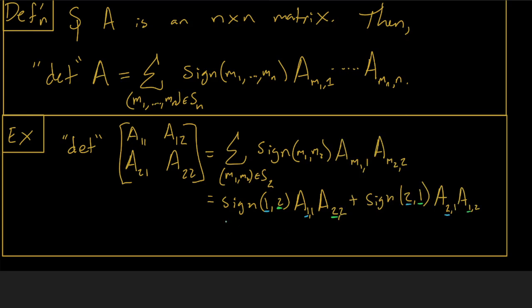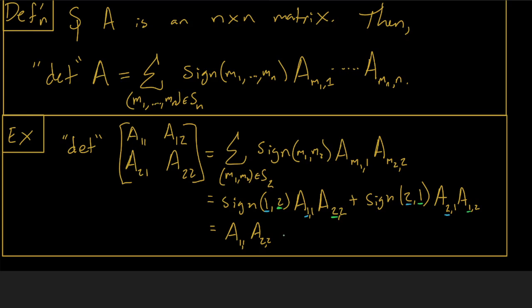Okay, not too bad. Now I just have to compute what these signs are. What is the sign of (1,2)? Well, how many things are out of order? 0. So it would be (-1)^0, which is 1. So I would get a11 a22. And then the sign of (2,1) has one pair of things out of order, since 2 comes before 1, right?